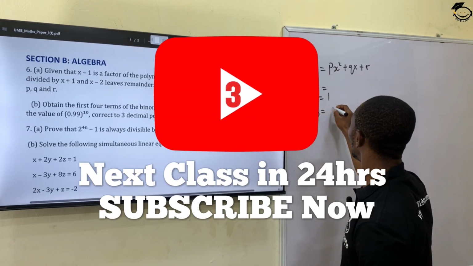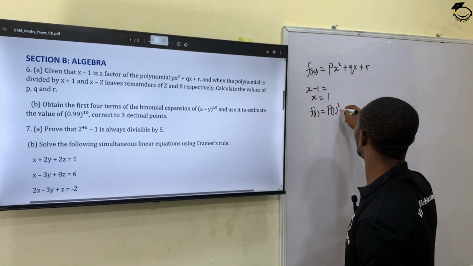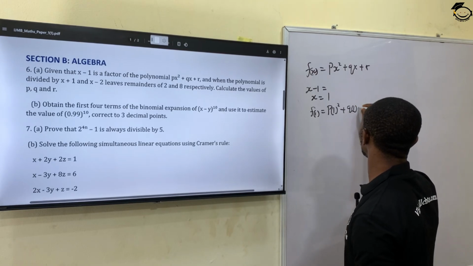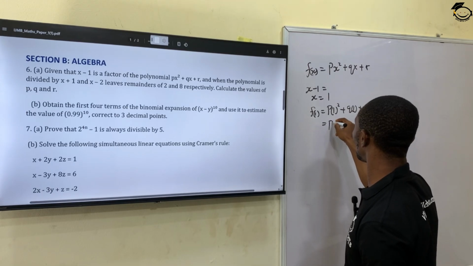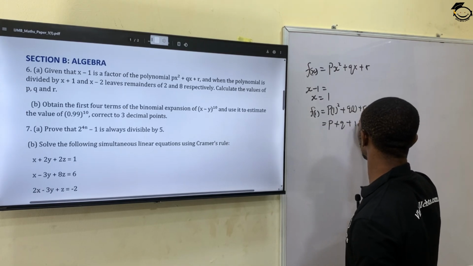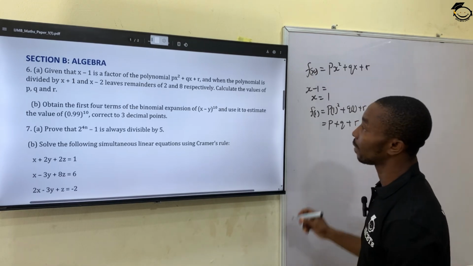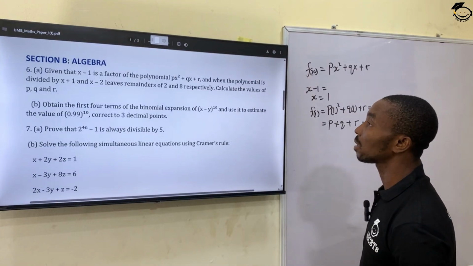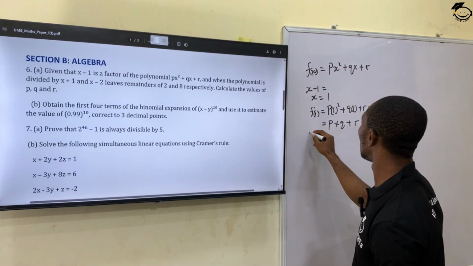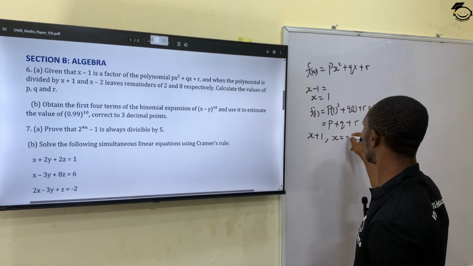So when x is 1, f(1) would give us p(1) squared plus q(1) plus r equals 0. So this will have as p plus q plus r equals 0. Let's call this equation 1. Now the second part says that when it's divided by x plus 1, we know that our factor here will become minus 1.